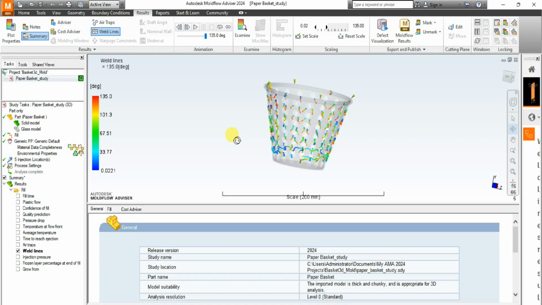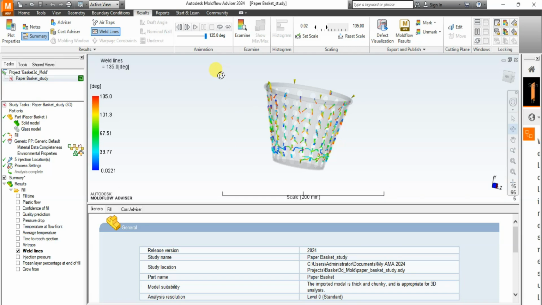Let me also state here that for mid-plane or dual domain studies of parts, this result is the same in custom weld line plots with a meeting angle of 135 degrees. For a different meeting angle, you can actually create custom weld plots and specify the meeting angle.